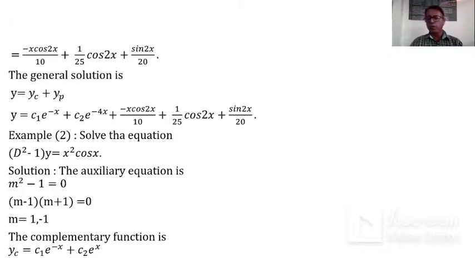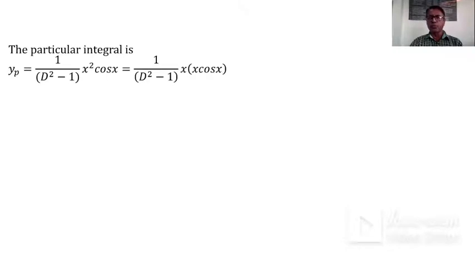Now we want to find the particular integral yp. yp is equal to 1 upon f of d operate on q of x. Here f of d is d square minus 1, and q of x is x square cos x. Therefore, we obtain yp is equal to 1 upon d square minus 1 operate on x square cos x.